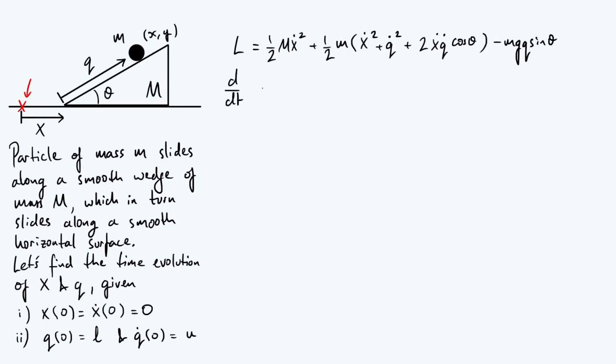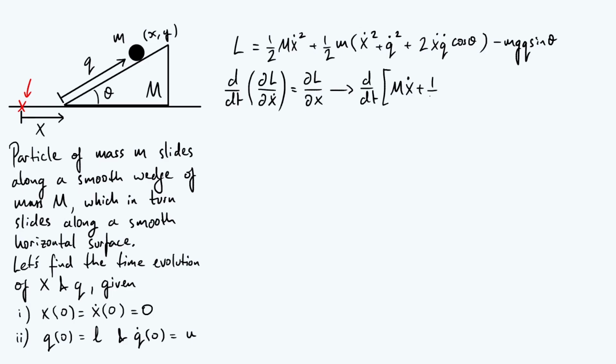So that says d/dt of ∂L/∂X dot is equal to ∂L/∂X. For the time being, I'm just going to keep the time derivative written in there explicitly at the front. So d/dt of, then we differentiate L partially with respect to X dot. If we deal with that term first, we just pull down a factor of 2, which cancels with the half and just gives you capital M X dot, right?